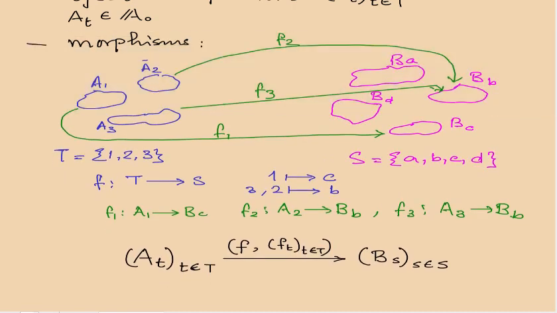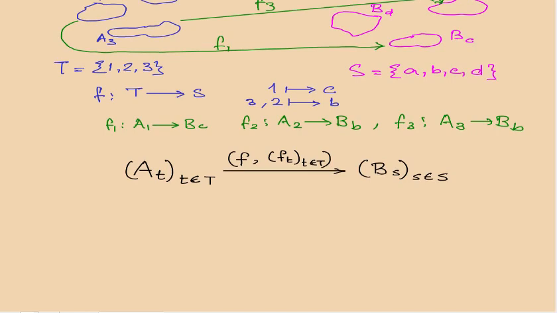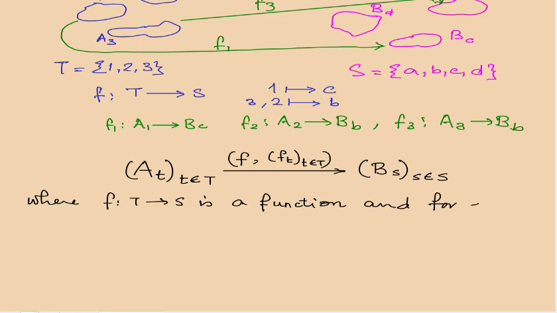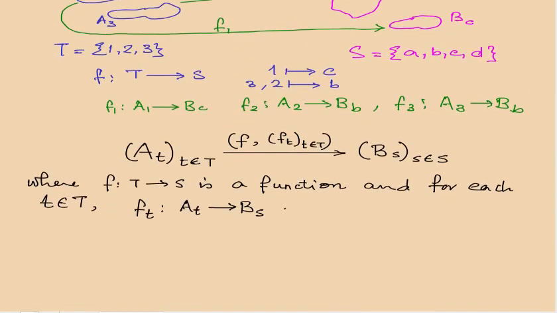So these are my morphisms, where f is a function and for each t, f_t is a map from A_t to B_f(t), and that gives me the morphism.